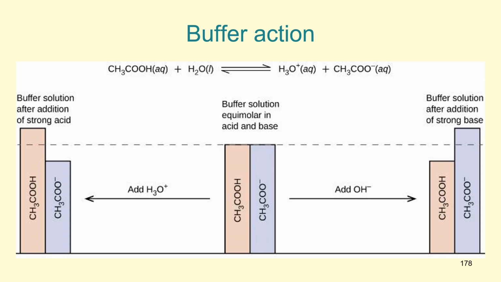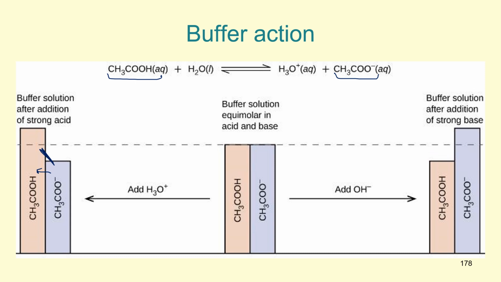So this is just another example. Let's say you have acetic acid and the acetate ion. If you have both present in a buffer, they might be equal. If you add a little bit of a strong acid, the acid will take some of the acetate and convert it to acetic acid, so the ratio will just change a little bit.